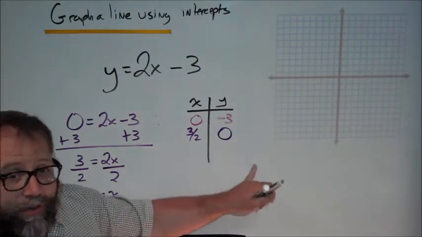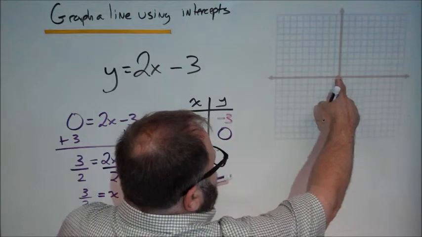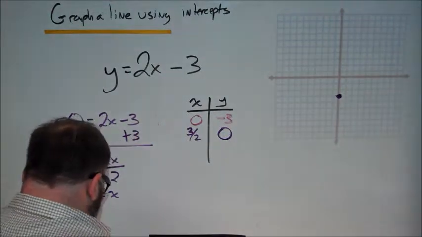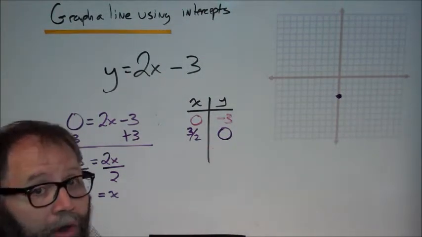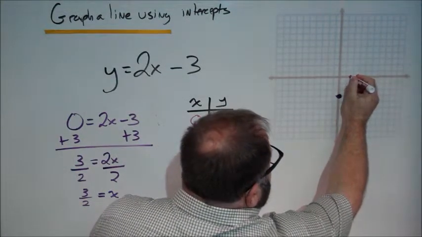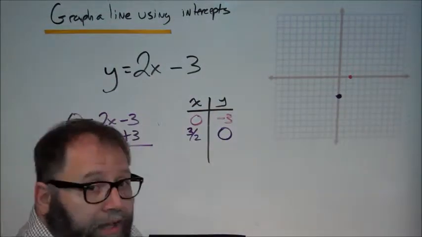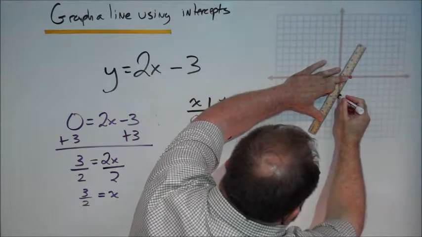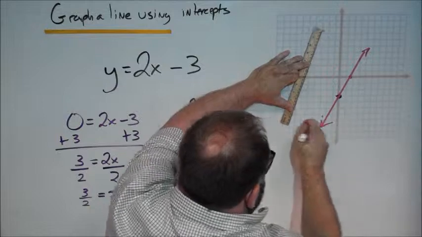And now I have the two intercepts. 0, negative 3, and 1.5, 0, or 3 halves, 0. Get my handy dandy straight edge. And then from there, I can graph that line.